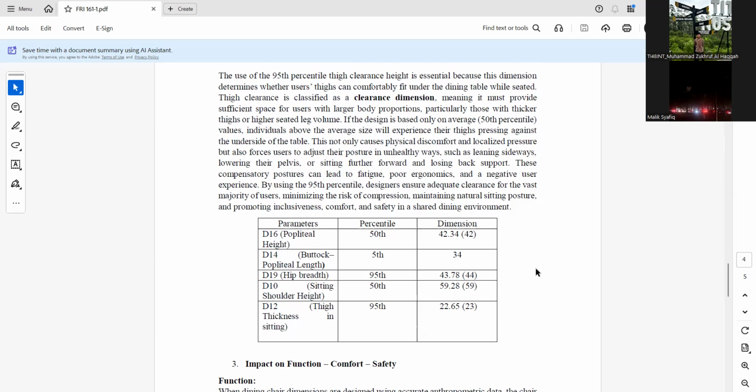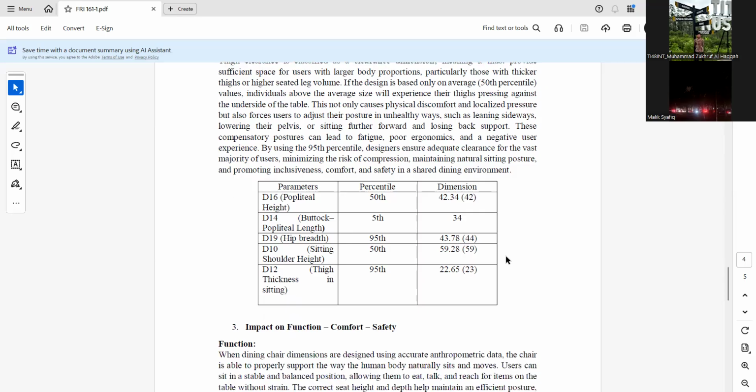And these are the parameters that we use, the percentile and so the dimension. We round down and also round up the dimensions accordingly, as you can see here: D16, D14, D19, D10, and D12. Next.